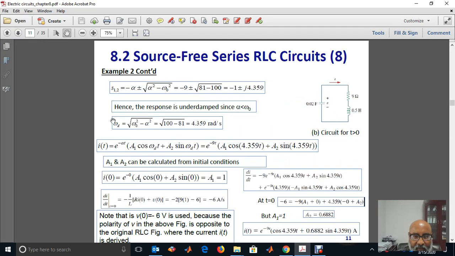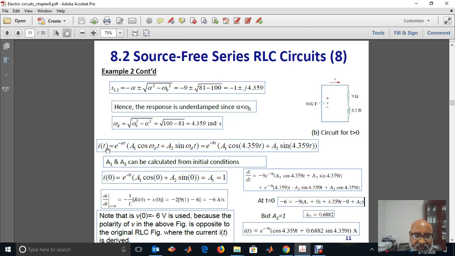So now we have the two roots, s1 and s2, given by this. We just replace alpha and omega naught and we calculate. Then we calculate omega d. Omega d is equal to the square root of omega naught squared minus alpha squared, which we get this one.